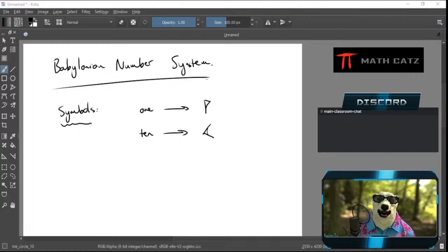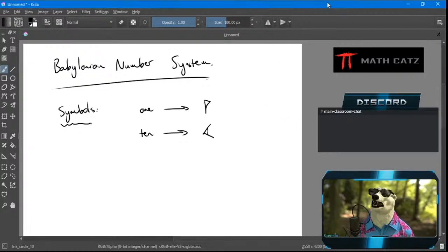So they decided, okay, we can get away with two symbols. And that's unfortunately it. Now we have to build a whole number system with two symbols so that our civilization can grow and develop and not die out. That is not a simple feat at all.